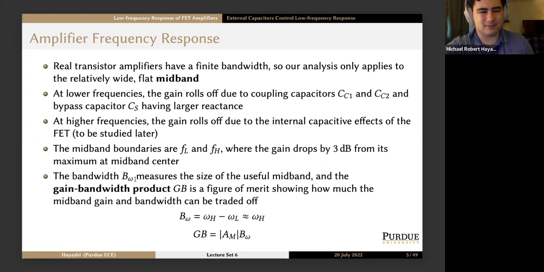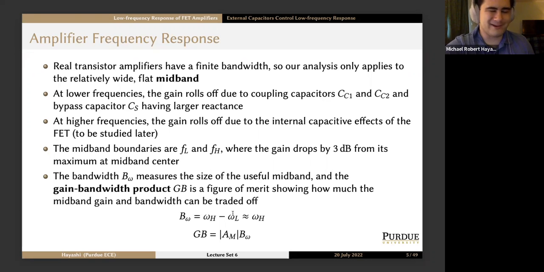The bandwidth, B_ω, measures the size of the useful midband, and the gain bandwidth product, GB, is a figure of merit showing how much the midband gain and bandwidth can be traded off. As a reminder, B_ω is ω_H minus ω_L. But I just said ω_H is maybe 100 kilohertz, maybe a megahertz, and ω_L is something below 100 hertz.